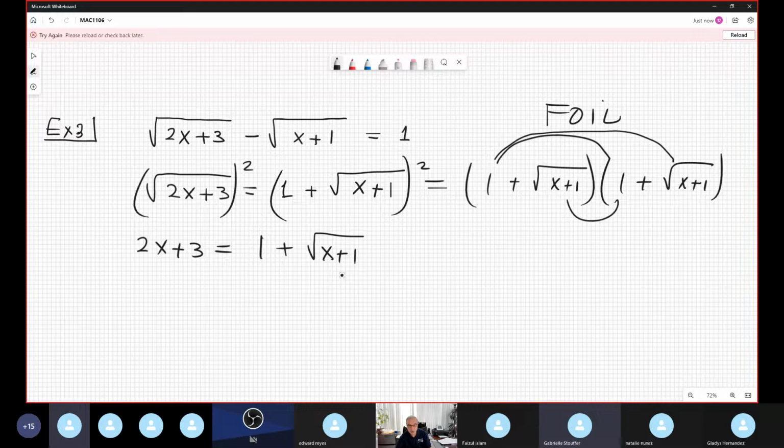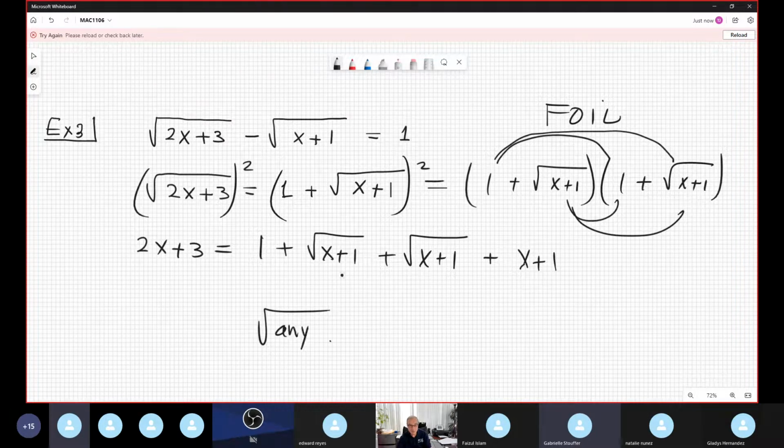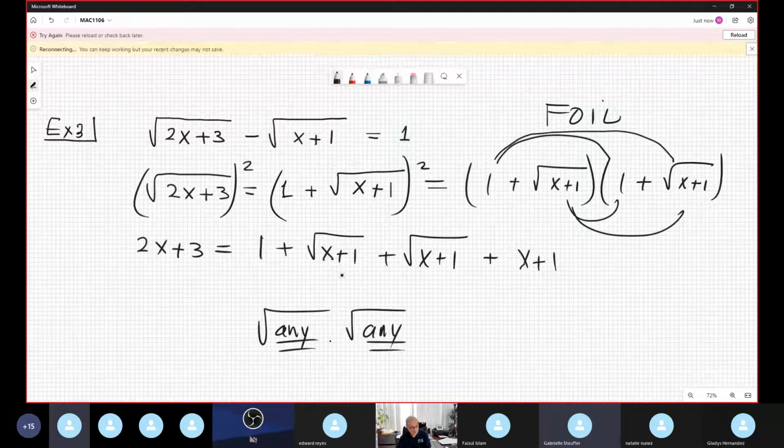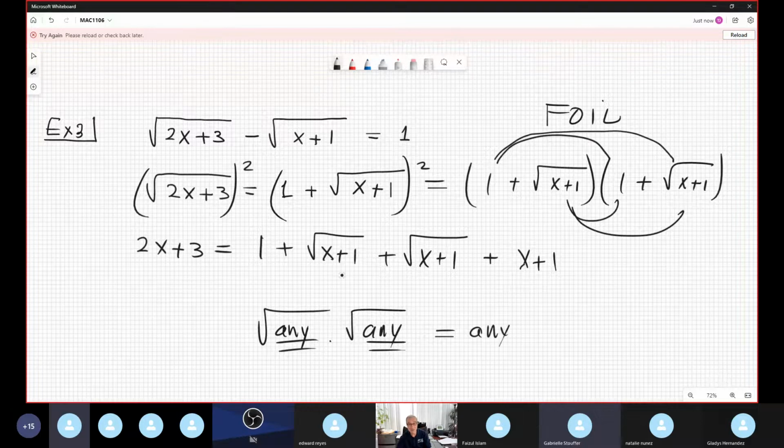A radical times 1 is exactly the same. And a radical times a radical is just x plus 1. Do you understand this? When you have radical of any expression, times radical of the same expression, the answer is the expression. It's obvious, right? Without the radical. Clear or no?